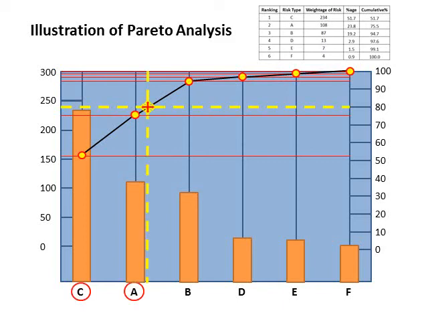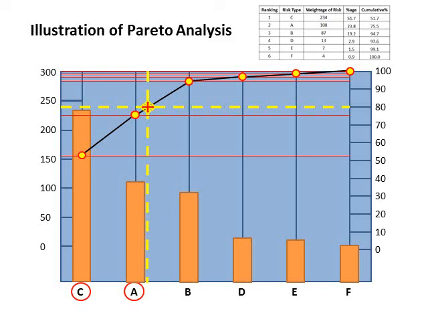Once you have got this, then according to the Pareto rule, the 80-20 rule, you will draw another horizontal line parallel to the x-axis at 80% cumulative. When it cuts the black line drawn earlier, you have to draw a perpendicular on the x-axis.